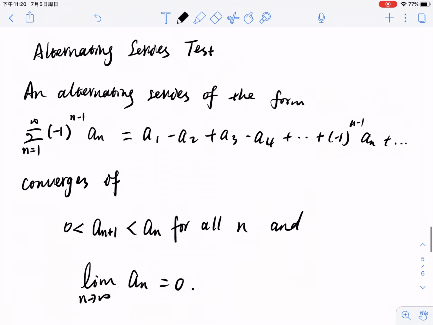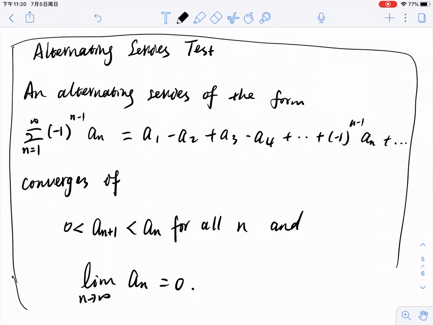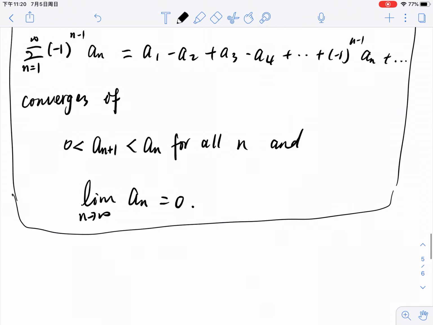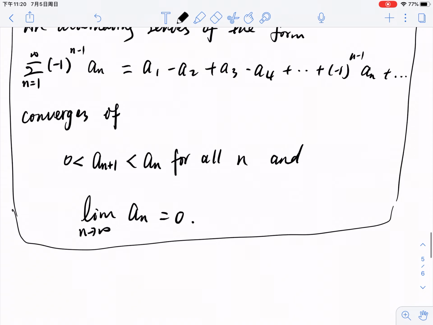This is called the alternating series test. If the terms are positive and decreasing, and the limit is 0, then the alternating series converges.